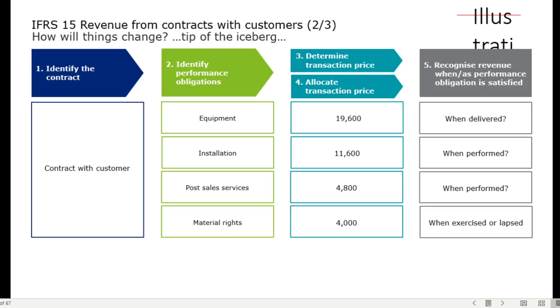We will discuss identifying performance obligations more in the coming videos, but on the surface it looks like the company has four components of performance obligation: equipment, installation, post-sale service, and the material rights.